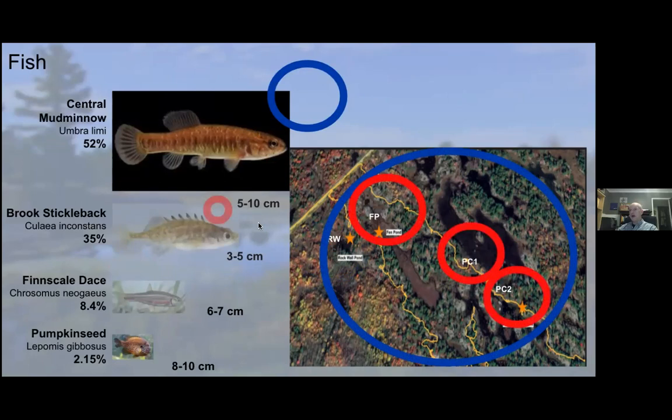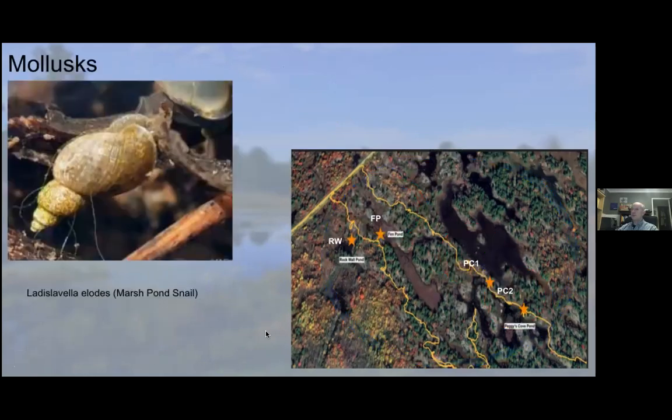The brook stickleback and the finescale dace were both found at slightly less than 100% DNA match. You can see that by the faded picture here. And the pumpkinseed wasn't that abundant, but it was a 100% DNA match, and it's a good indicator species because it has a lot of susceptibility to silt and pollution.